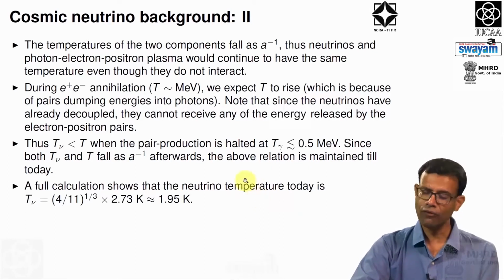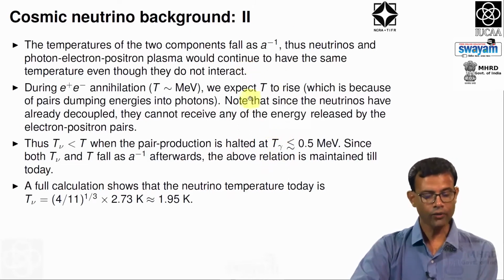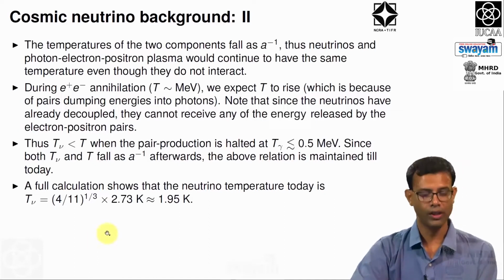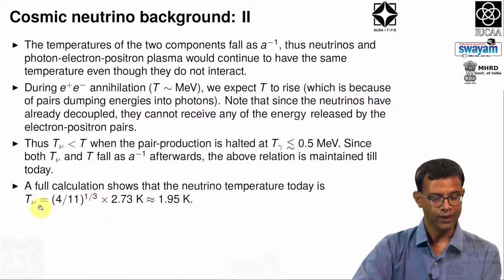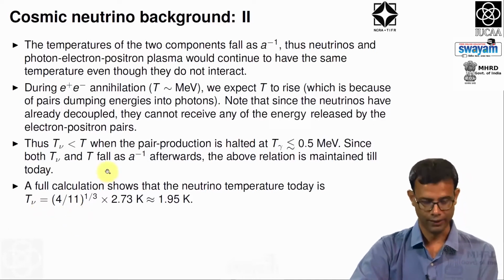One can actually do a full calculation, because in terms of physics there is nothing we do not know, and work out the relation between the neutrino temperature and the radiation temperature. It turns out that the neutrino temperature is (4/11)^(1/3) times the photon temperature.